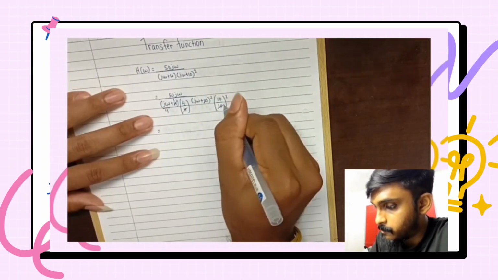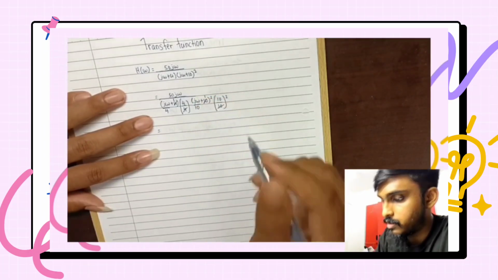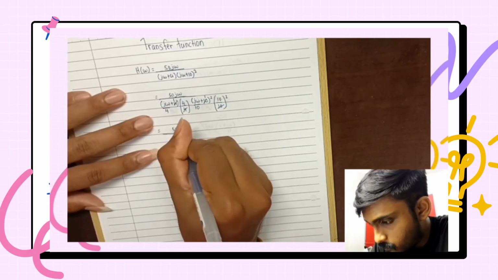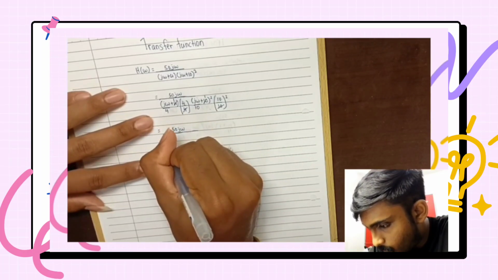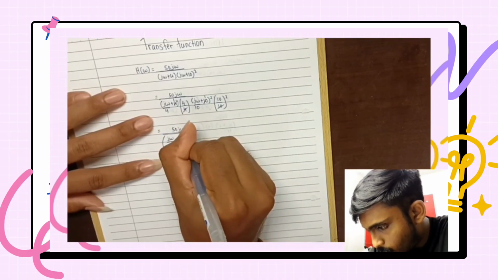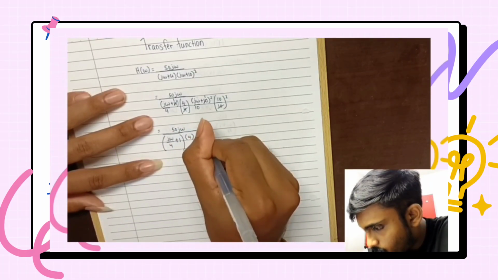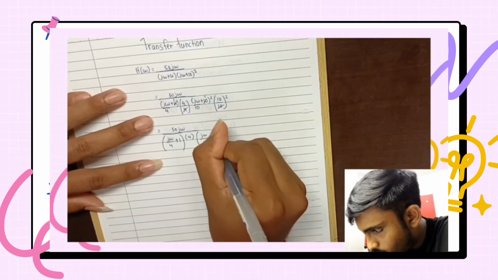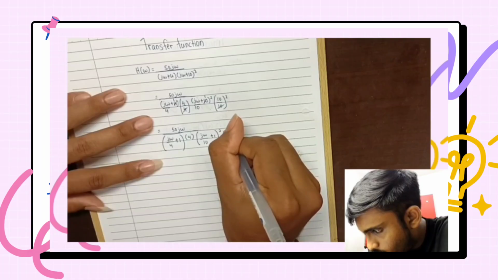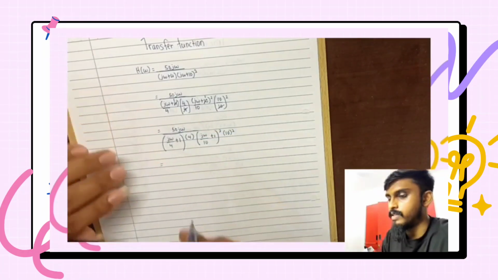Same goes here, 10 is cancelled and changes to 1, so j omega over 10. So the equation will be like this.